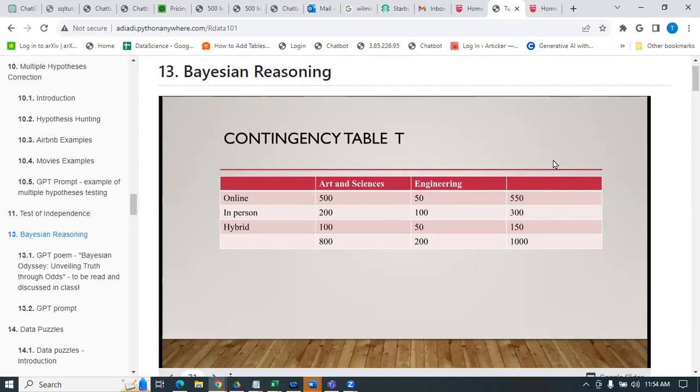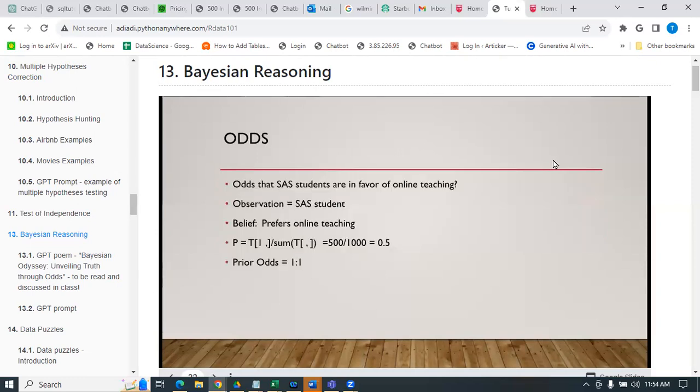Now, we would like to translate this table, and we have this function called likelihoods, which we defined in the textbook, into numbers which reflect likelihood ratios. For every cell in this table, we translate the cell to a likelihood ratio. Take the odds that SAS students are in favor of online teaching.